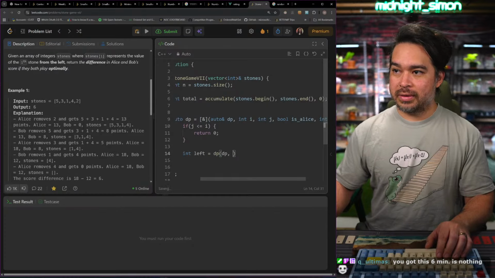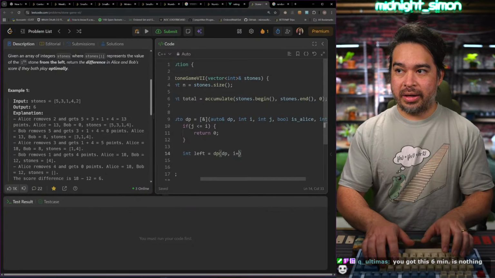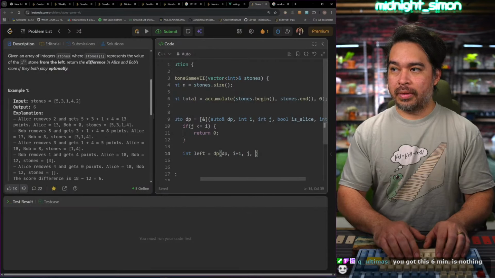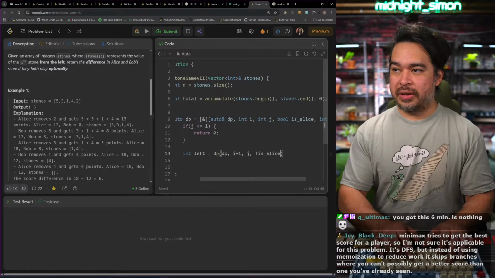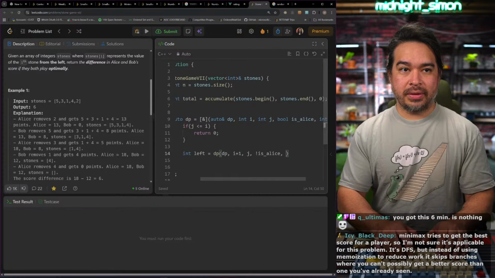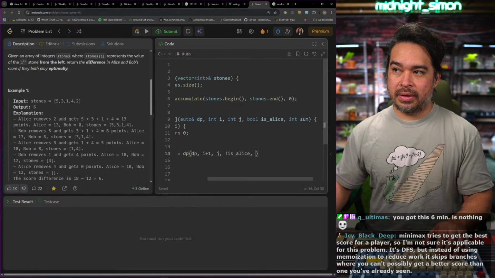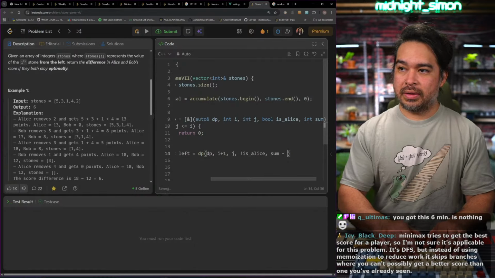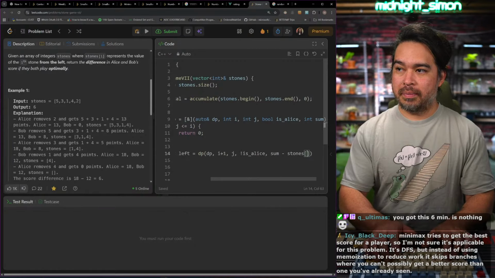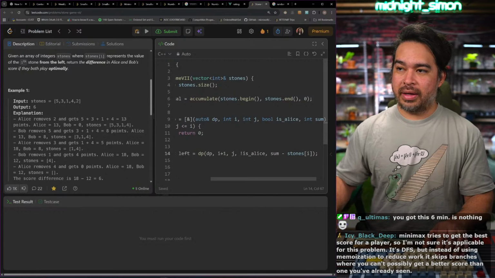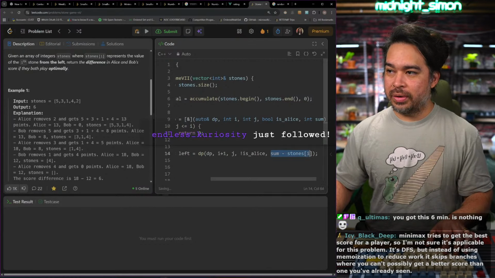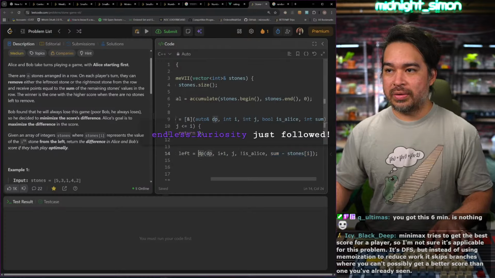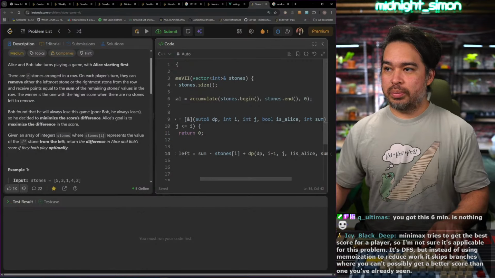That means I increments, J stays the same, Alice flips, and the sum gets subtracted like that. And then what's the score? The score is the sum of the remaining stones. So it would be that, right?